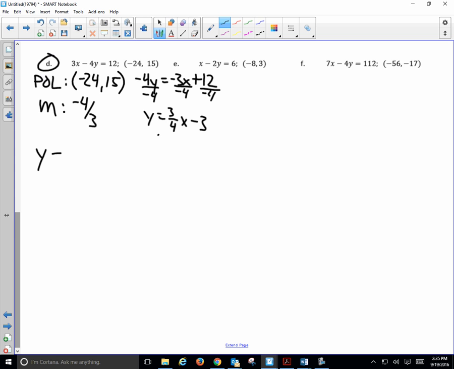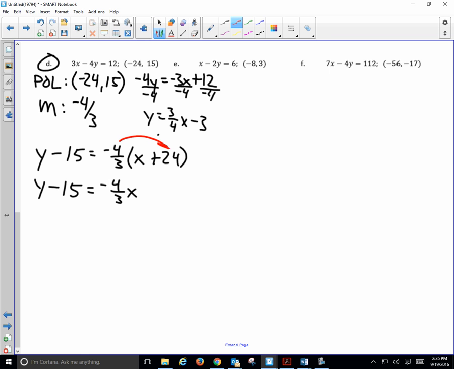So I have y minus 15 is equal to negative 4 over 3 times x plus 24. y minus 15 equals negative 4 over 3x. Then I'm going to take this and multiply it over as well, distribute that through.